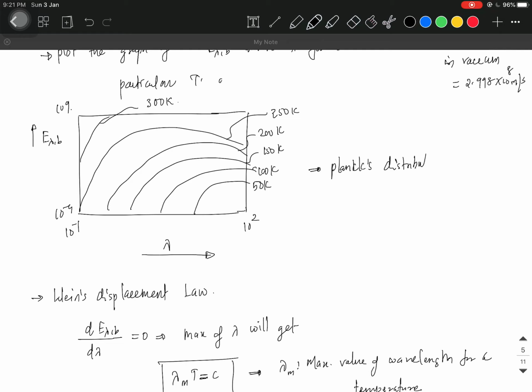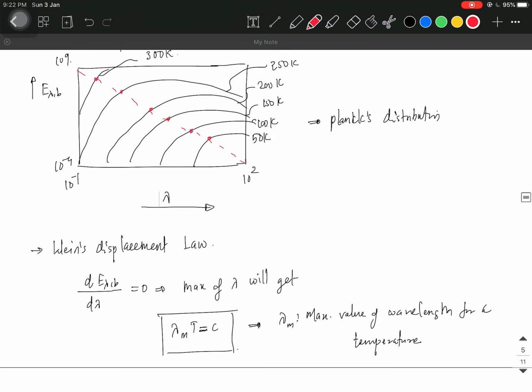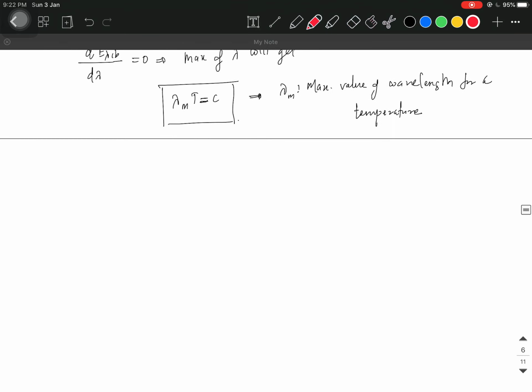So what happens is that, see this particular distribution, this is nothing but the Planck's distribution. In this we can see that as the temperature is increasing, that is 50, 100, 150, 200, 250, we can see a shift of the maximum value of lambda to the left. Okay, so this will be the shift that is occurring at the maximum value of lambda. Let's suppose these are the maximum values of lambda that we are getting for these particular wavelengths and for these particular temperatures.